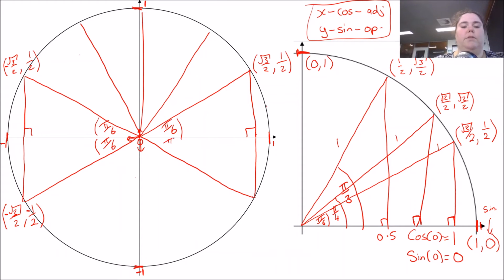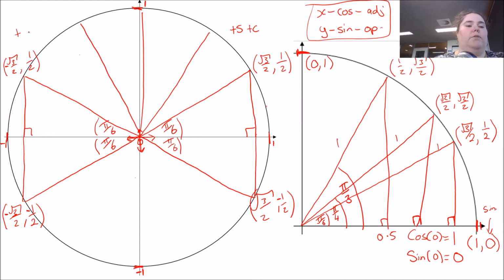Once again, because it's pi on 6, that's going to be root 3 on 2 and a half. But now x is positive, y is negative. So I've got negative a half and positive root 3 on 2. So that's how it changes. Both of them were positive here, so I have a positive sine and a positive cos.